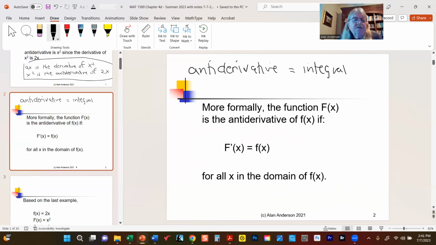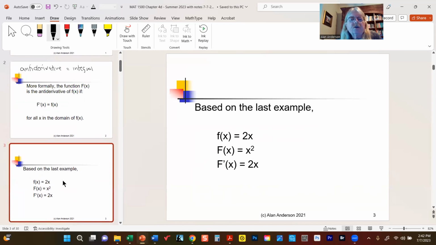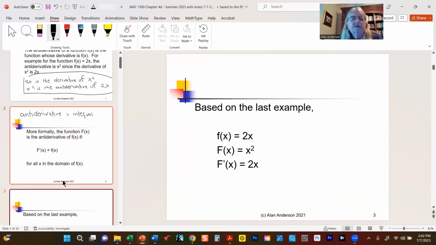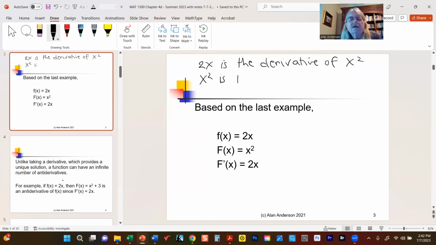If f of x is 2x, we just got through showing that, let me just quickly remind everyone, 2x is the derivative of x squared, which implies that x squared is the antiderivative of 2x.